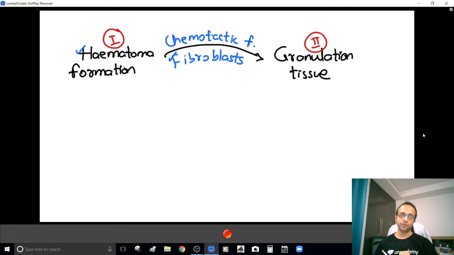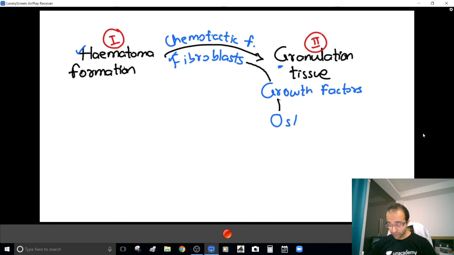So this is the first stage of fracture healing, hematoma formation, and this is the second stage, granulation tissue formation. Now please understand, this granulation tissue is full of growth factors. Because of the growth factors, the fibroblasts in the hematoma grow, mature, and differentiate, and they now start becoming osteoblasts.